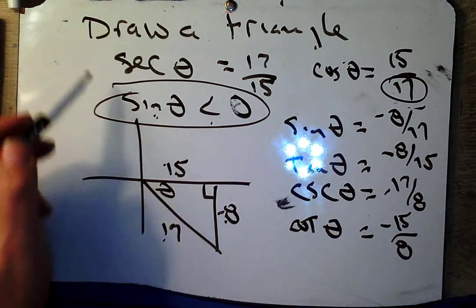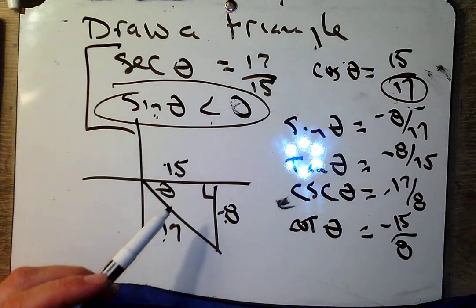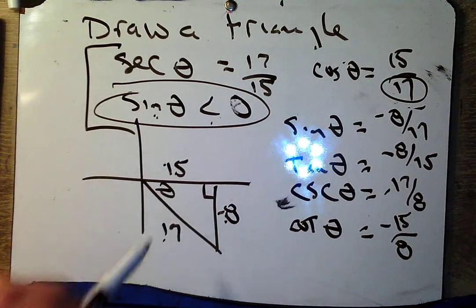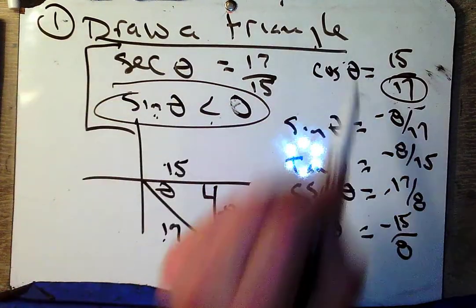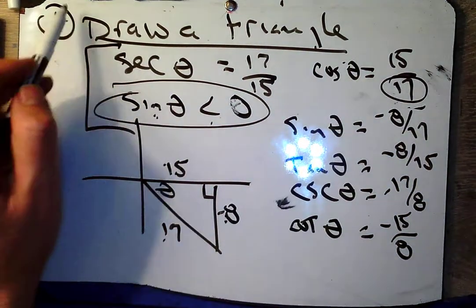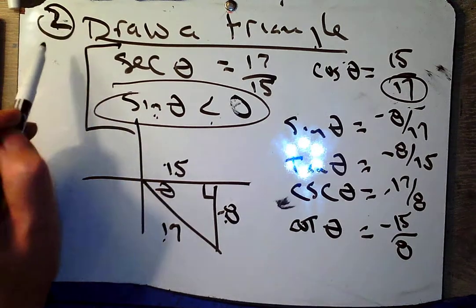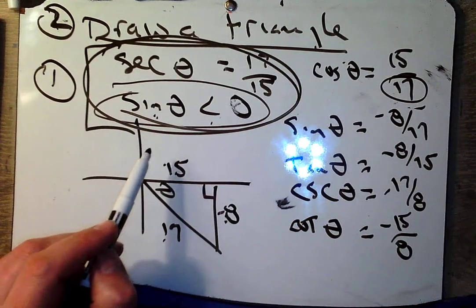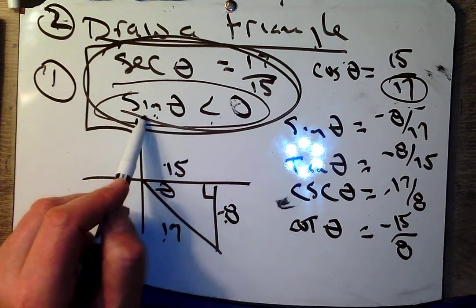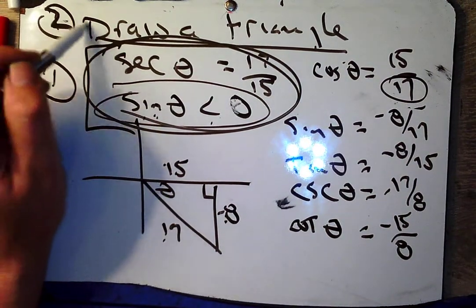Okay? So I think what helps in these types of problems is, 1, draw a triangle. But maybe that's actually step 2. And step 1 is, what quadrant does this triangle live in? So you draw the triangle in the correct quadrant.